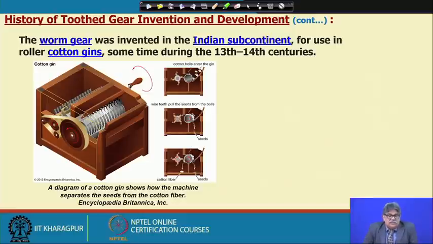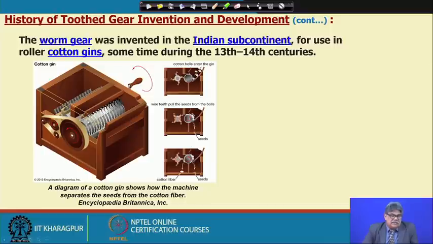This is a picture from Encyclopedia Britannica, where it is shown that this is the cotton gin. Cotton gin means the raw cotton will be put on one side and pass through this, and while it is passing, the seeds will come out of the cotton, which is shown here. The seeds are coming out.